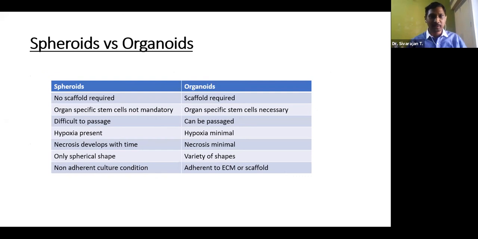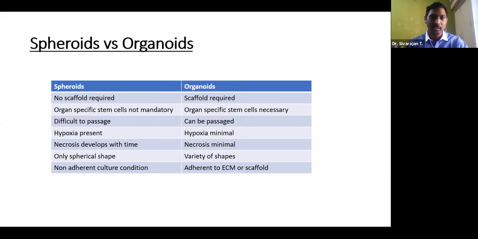Let's see some of the differences between spheroids and organoids. So no scaffold required for spheroids. Organoids will need some scaffold. Stem cells are not required, or you can actually have spheroids having the stem cell, but it's not mandatory. But for organoids, you need stem cells. Spheroids will be difficult to passage, while organoids can be passaged. Spheroids will have hypoxia present in the center, whereas organoids will not.